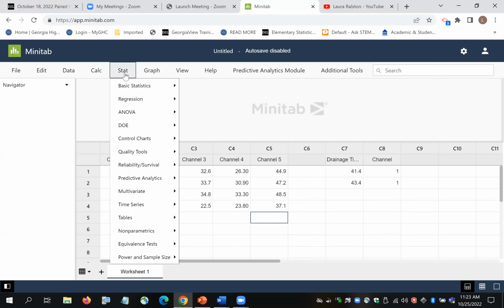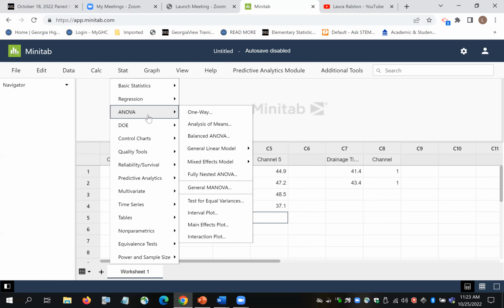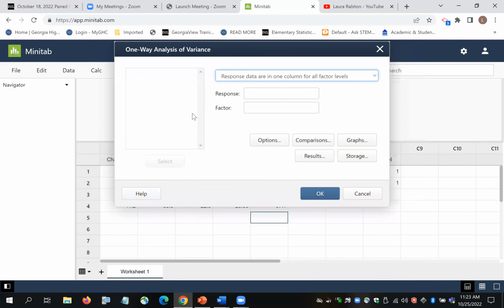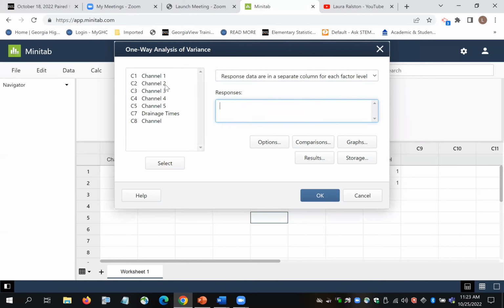So we go to Stat, ANOVA. We're doing one way. I have my response data in separate columns for each level. Okay, I put them in individual columns, so I have to choose all of them. I have channel 1, channel 2, channel 3, channel 4, and channel 5. You choose all of them.